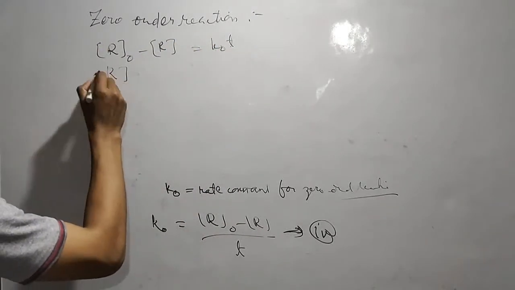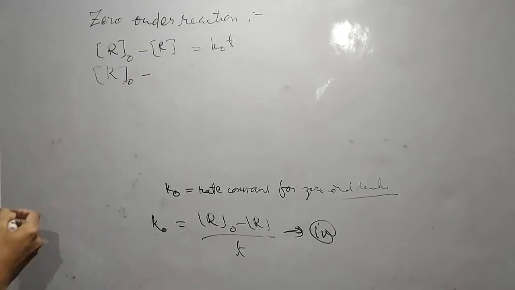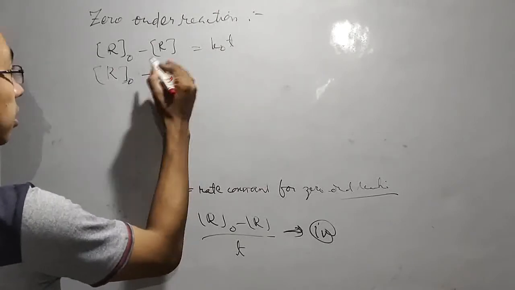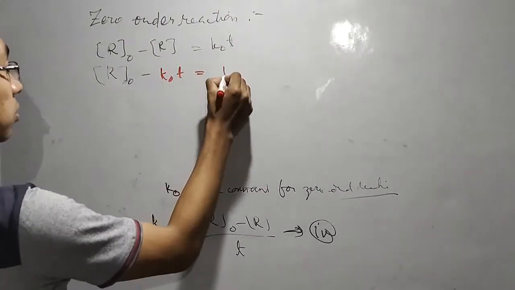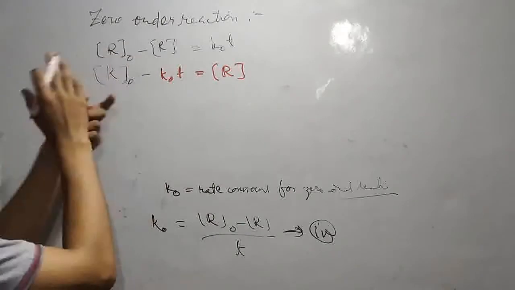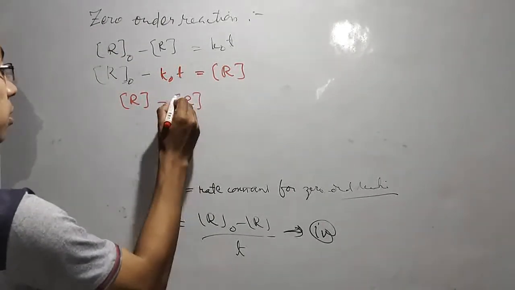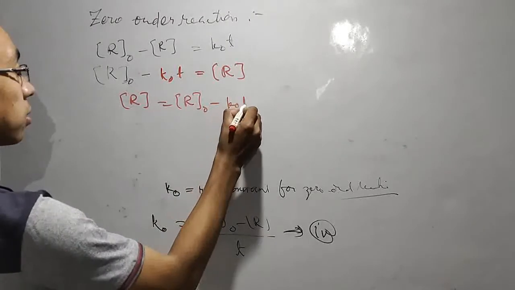So K naught T, bring this side, and this one you take to the right hand side, or you can just exchange. So R equals R naught minus K naught T.